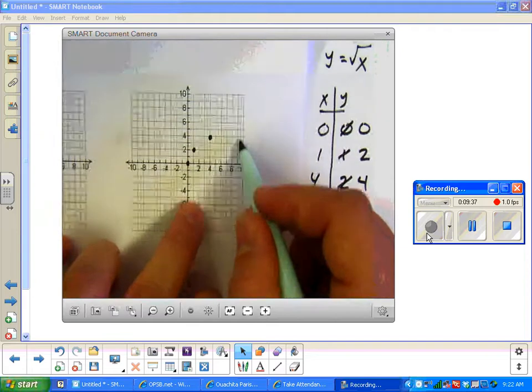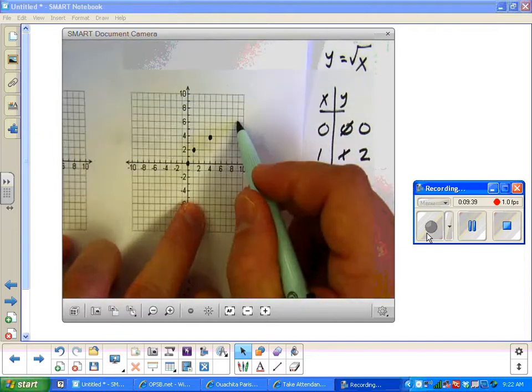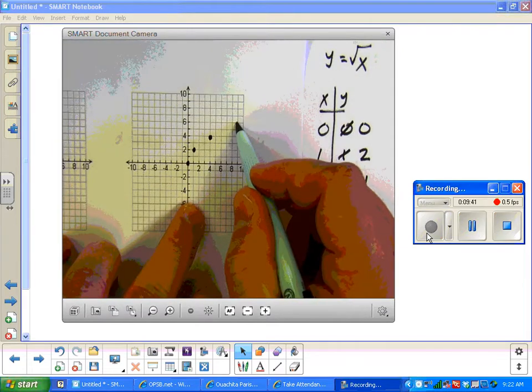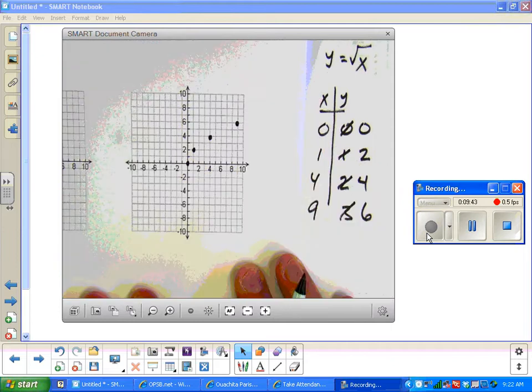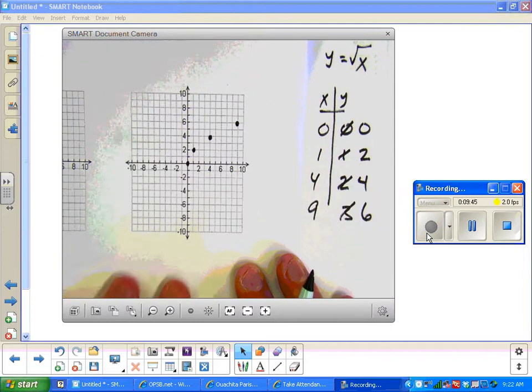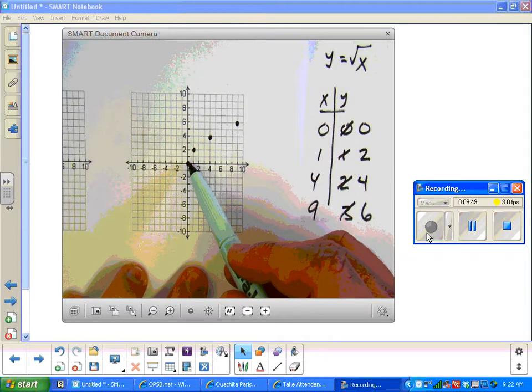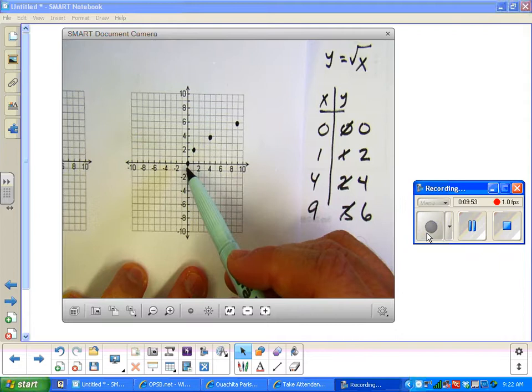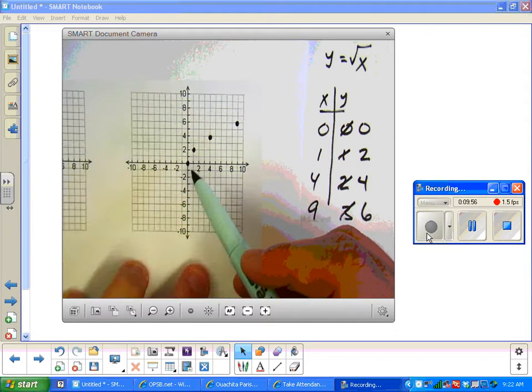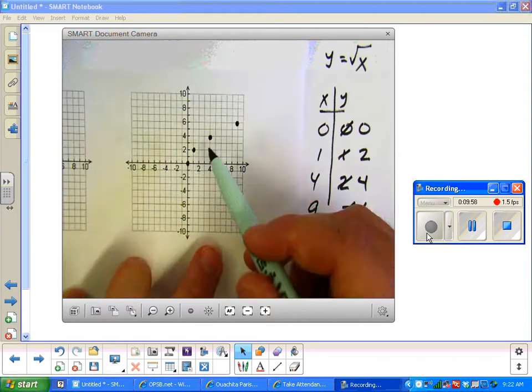That's way up there. Let's see what kind of general shape we describe this as. It's not a ray because it's not straight. It's not really a line. It's a curve. So it's half of a parabola, and it's going sideways.